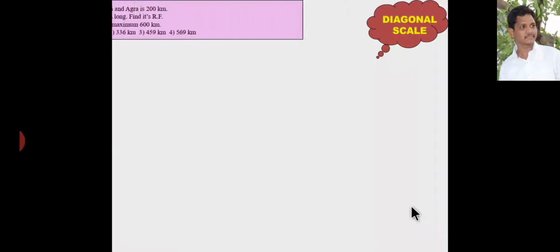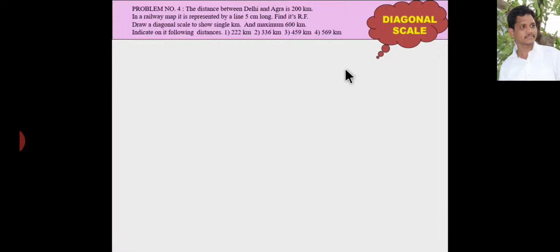Now coming to the problem. The distance between Delhi and Agra is 200 kilometers. In a railway map it is represented by a line 5 centimeters long. Find its RF. Draw a diagonal scale to show single kilometer and maximum 600 kilometers. Indicate on it the following distances.